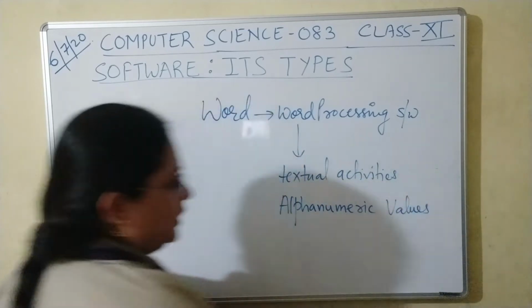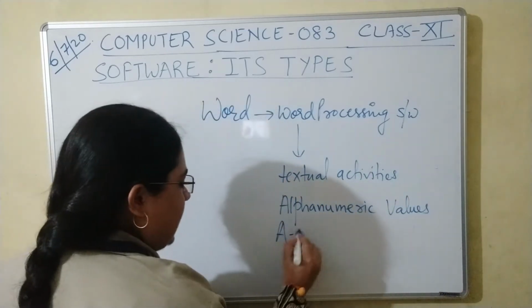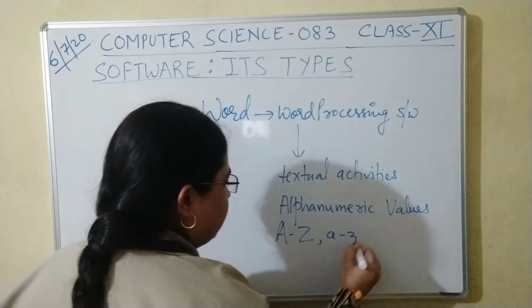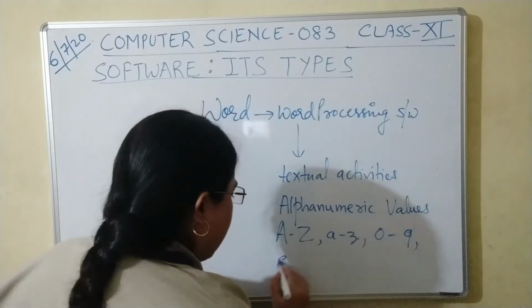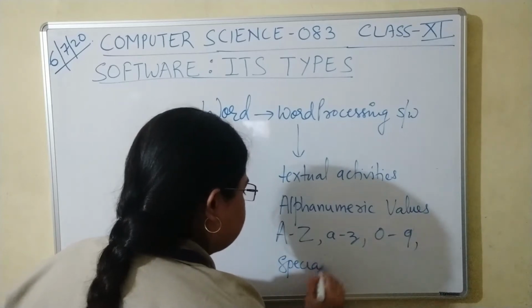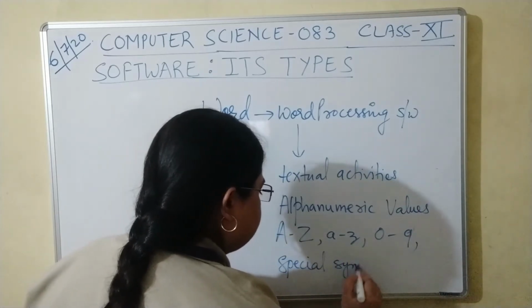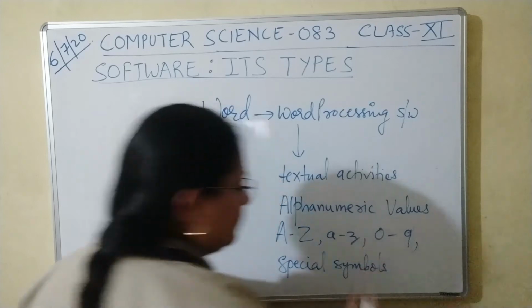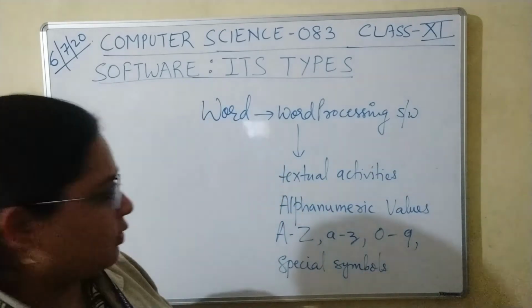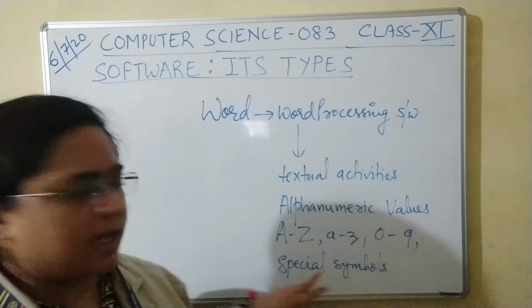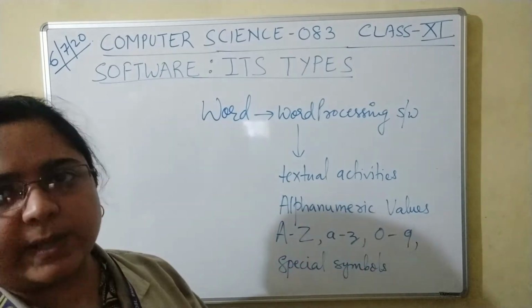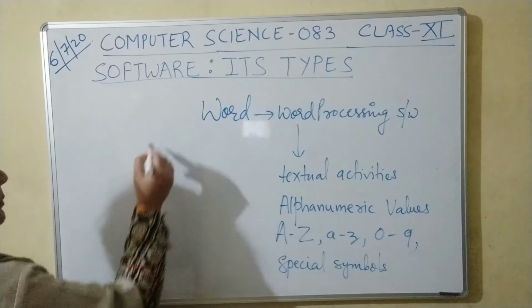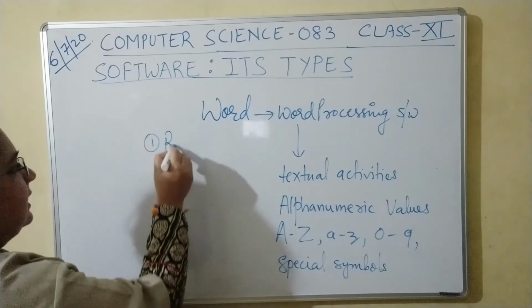If I say alphanumeric values, it will mean capital A to Z, small a to z, digits 0 to 9, and special symbols. It could be all these things. For example, you create a resume.